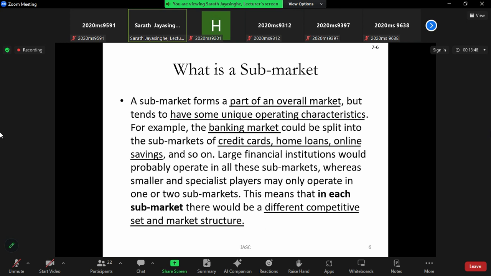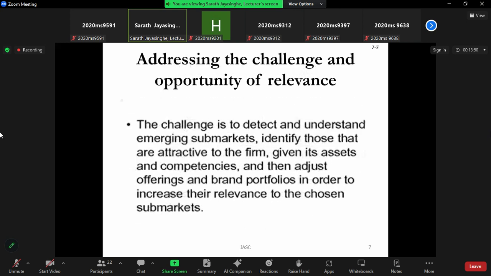And then we can go ahead to addressing the challenges and opportunities of relevance. So what do you mean by this relevance? Relevance is, I think, something you learned about when you studied brand management.